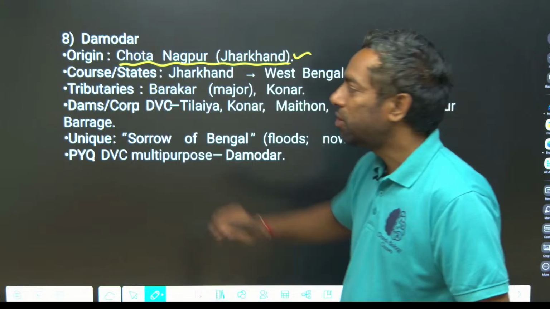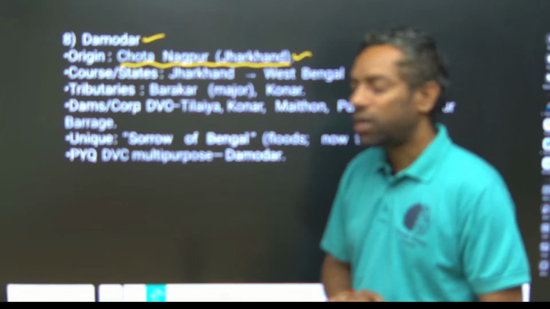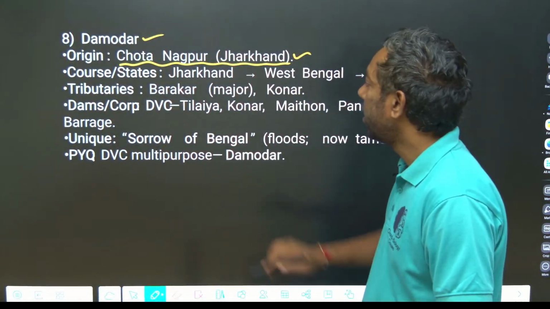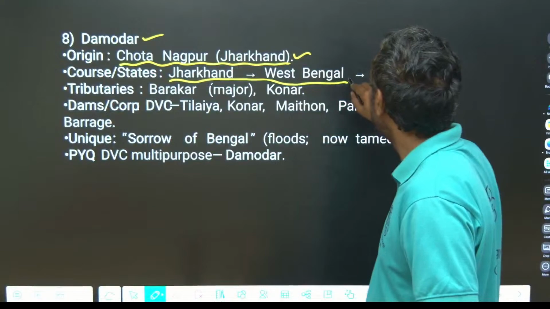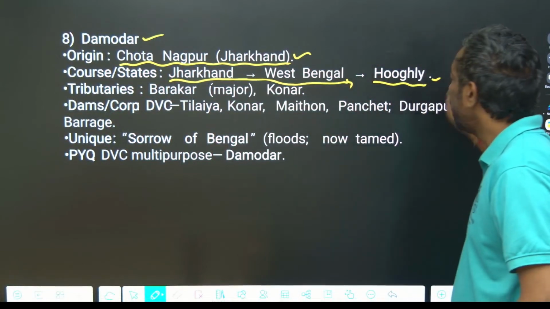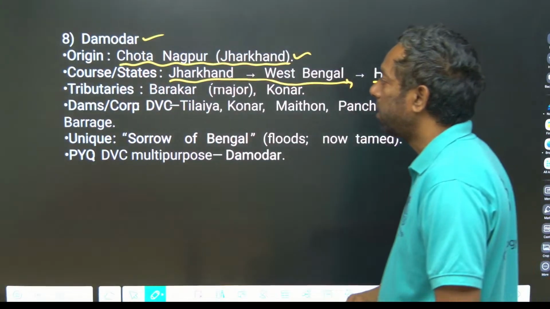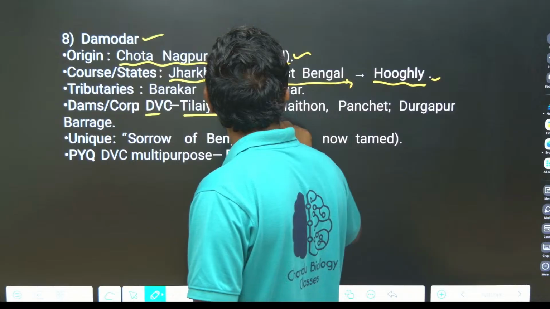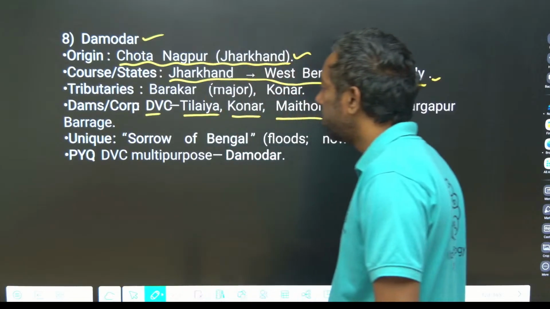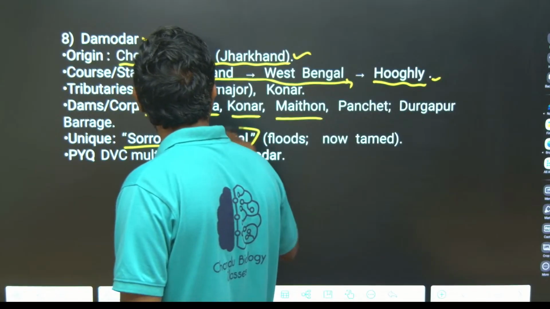Okay, Damodar River is an east flowing river that originates at Chota Nagpur Plateau. It crosses Jharkhand and West Bengal. Finally it reaches Hooghly, West Bengal. And this is about DVC, Tilaiya, Konar. Okay, they don't ask you this. Sorrow of Bengal, guys. Sorrow of Bengal.